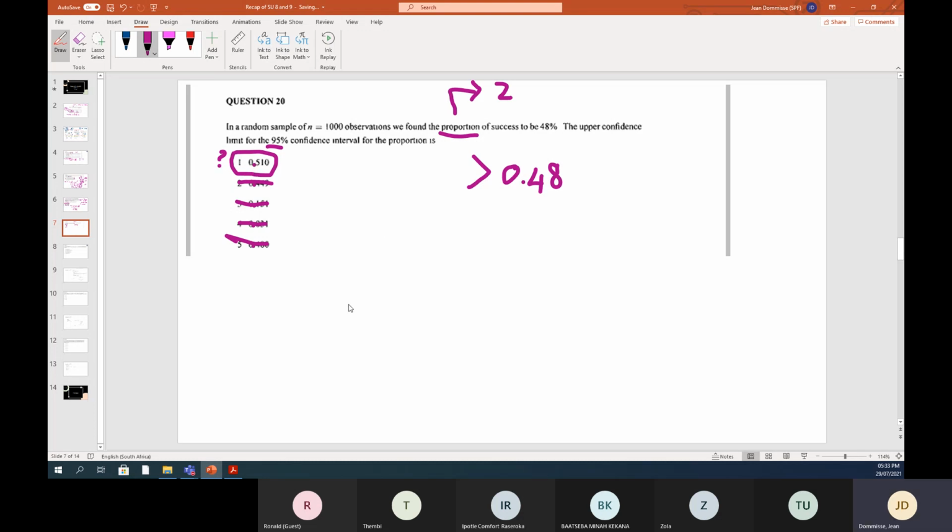How we would work it out, remember, is that we have a proportion. So the proportion formula is plus minus Z, and then I think I need to get that formula because I can't remember it. Let's quickly see.